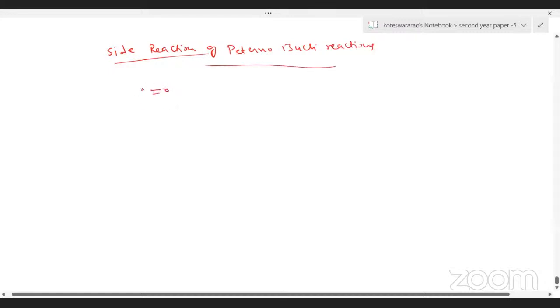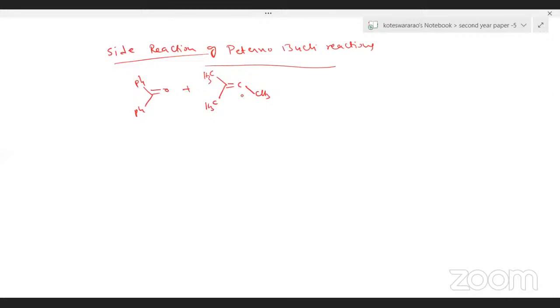This is benzophenone. This is 2-methyl-2-butene. Now here, these positions are allylic positions.